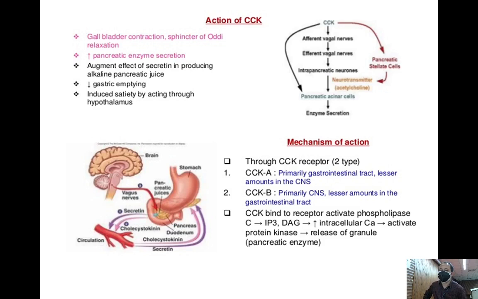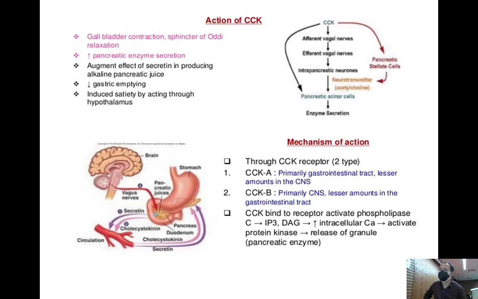And as you know, bile is important in the digestion of fat, through emulsification and exposure of the fat to different enzymes. We'll come back to this when we discuss fat digestion, but anyway, it's important for fat.